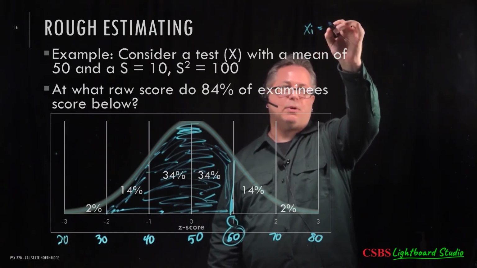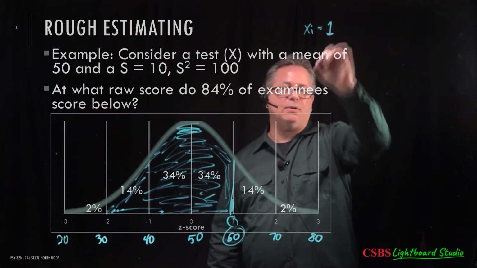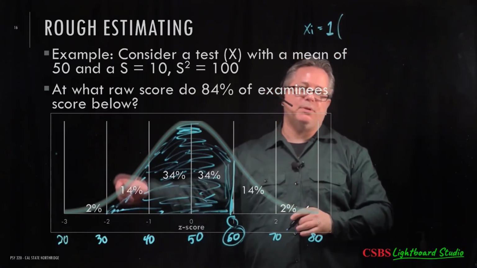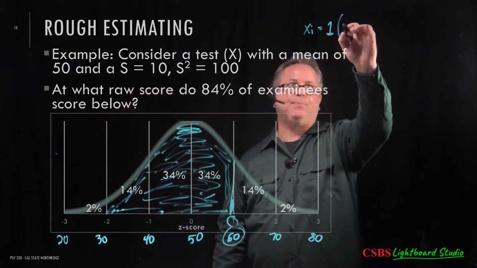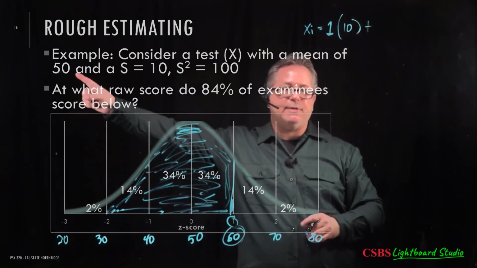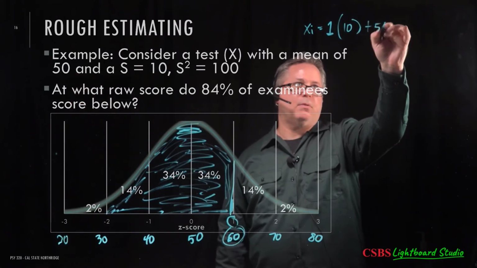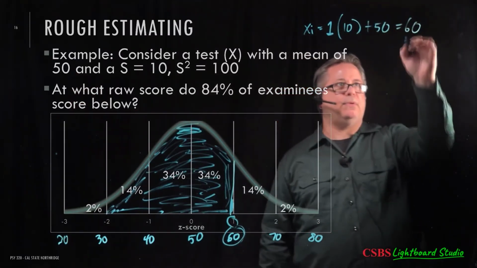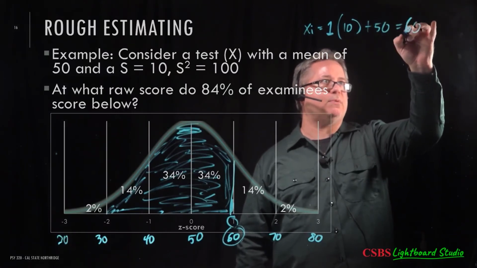I have a z-score of 1, and I have to convert back, so 1 times the standard deviation of 10 plus the mean of 50 would tell me that I need a 60 on the exam to score better than 84% of respondents.